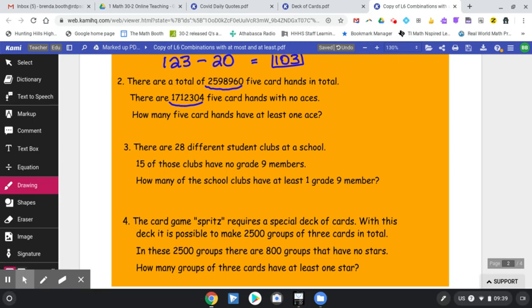So if I took the total number of hands that have no restrictions at all, and I subtracted the ones that have no aces in them, what I would be left with is the number of hands that do have aces in them.